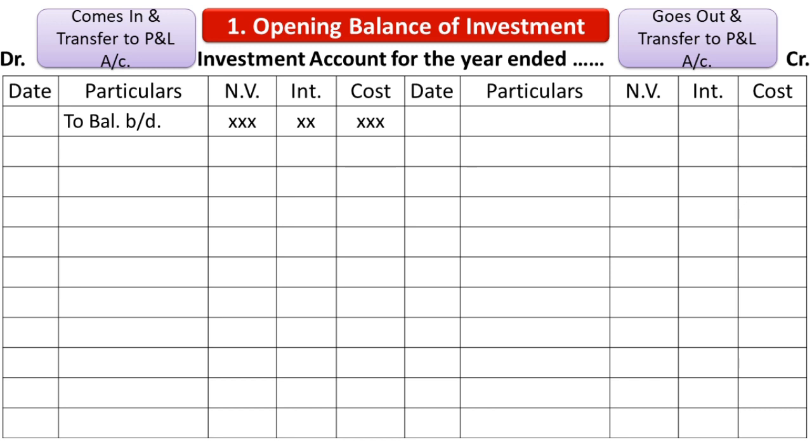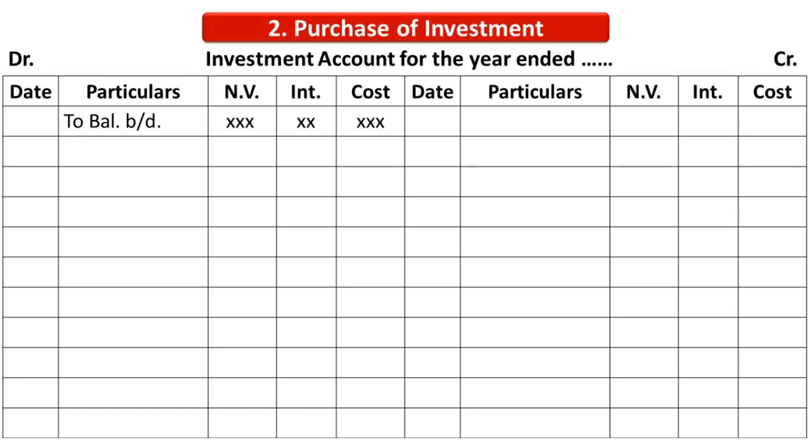The second transaction, purchase of investment. Purchase of investment should be debited to investment account as investment comes in, cash bank goes out. Therefore, investment account debit to bank account by writing amount of face value or nominal value in the nominal value column, by writing dividend or interest in the interest column, and amount of cost in the cost column.